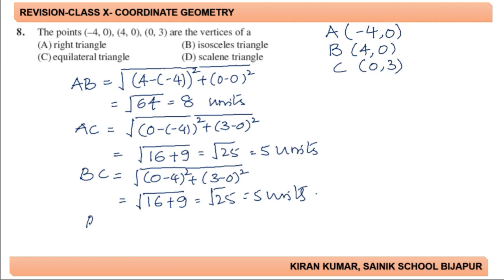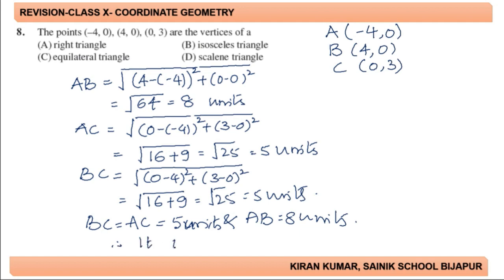In this case we have BC equal to AC equal to 5 units, and the other side AB is 8 units. With this we can conclude that it is an isosceles triangle. So this verifies that option B is the right answer.